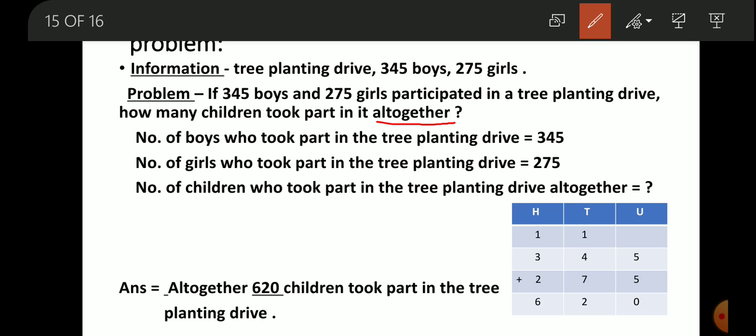Now arrange the numbers 345 plus 275, and the answer comes to 620. So the answer statement also will start with altogether. Altogether 620 children took part in the tree planting drive. Now if there is total number, then instead of total number only the answer comes and the remaining statement.